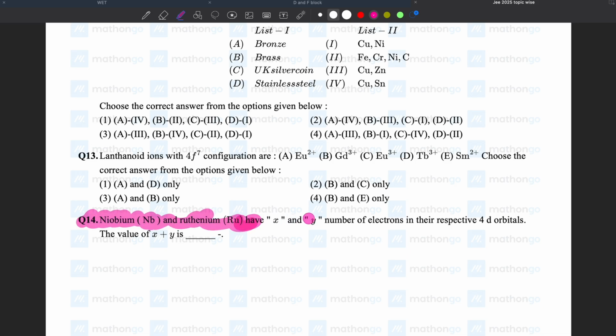Neodymium and ruthenium have x and y number of electrons in their 4d orbitals, and x plus y is what? Is this question easiest? It's not an easy one. Neodymium and ruthenium.